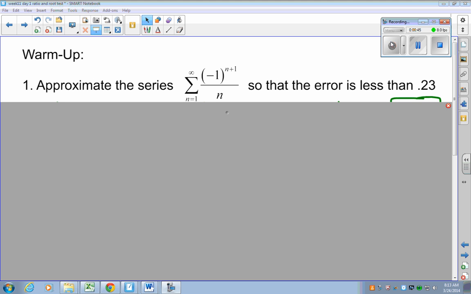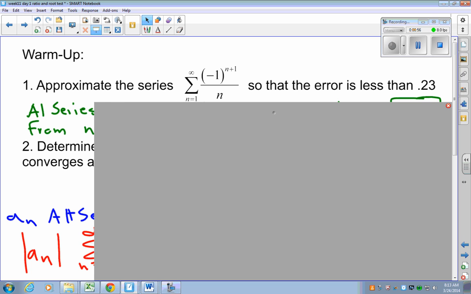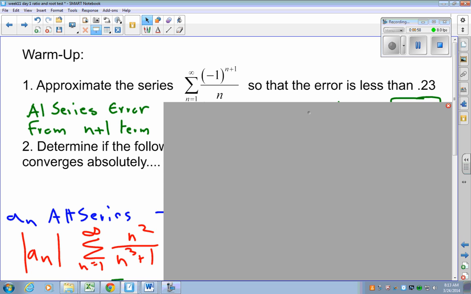All right, so for the first one, it says approximating the error. Luckily, this is an alternating series, and as long as it's an alternating series, the error comes from the next term, which is the n+1 term. So you don't need to worry about the alternating part anymore.